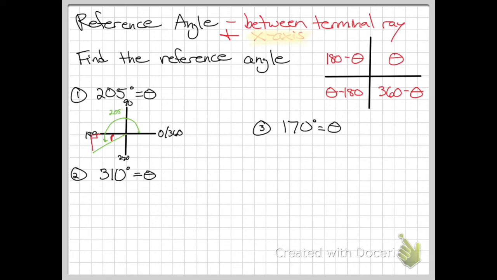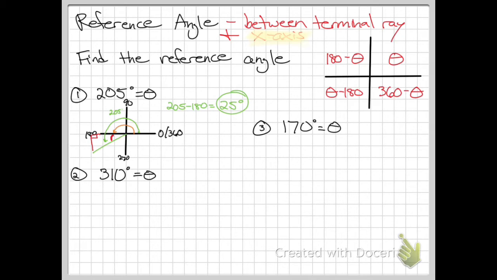So for this one, we're going to do 205, because that's the big green arc, minus 180, because 180 would be from here around to there. And I hope you can see that the orange plus the red makes the green. So 205 minus 180 gives me my reference angle. So my reference angle is 25 degrees.